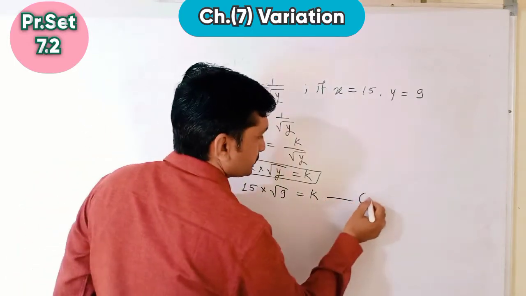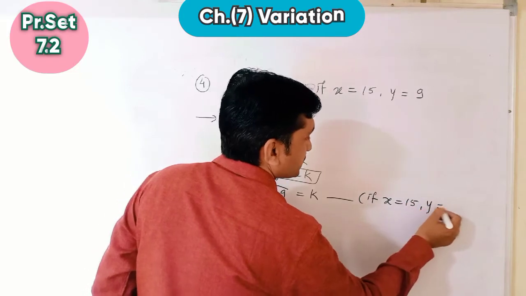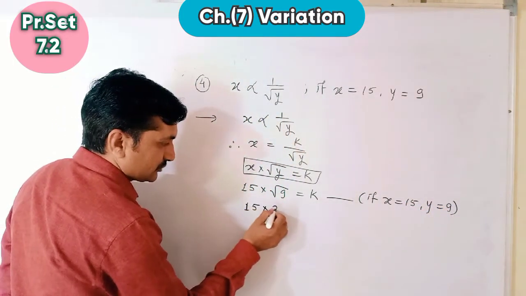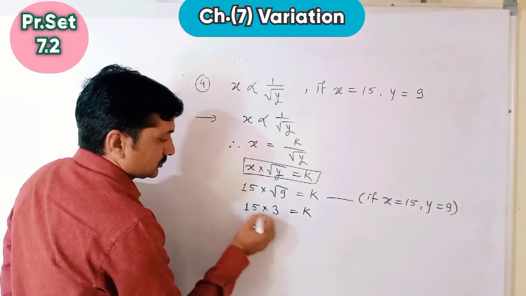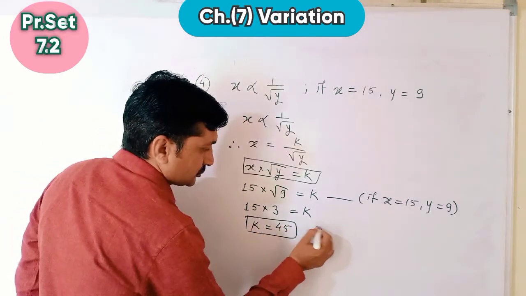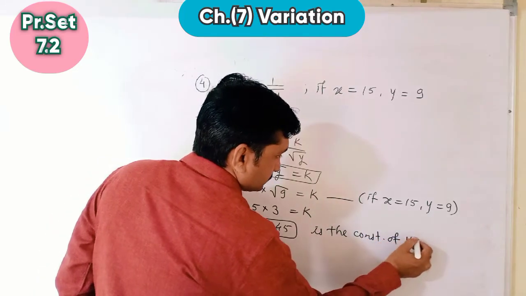Here the given values in brackets: x is equal to 15, y is equal to 9. Now solve this. 15 multiplied by 3 is equal to k. Therefore k is equal to 45, and this first answer is the constant of variation.